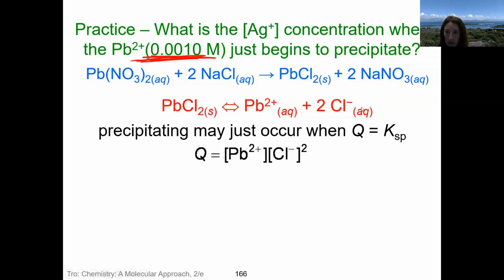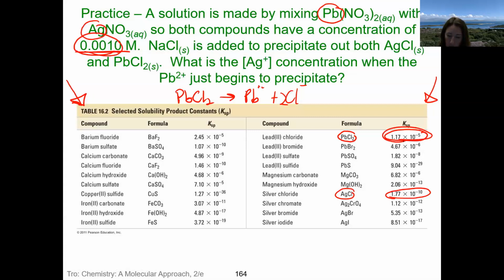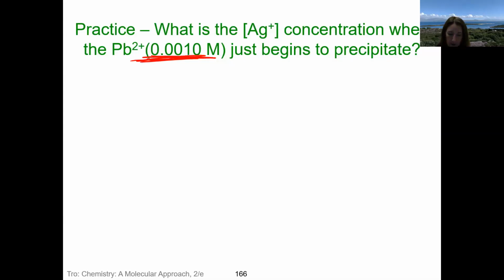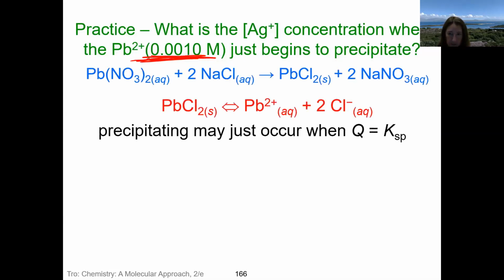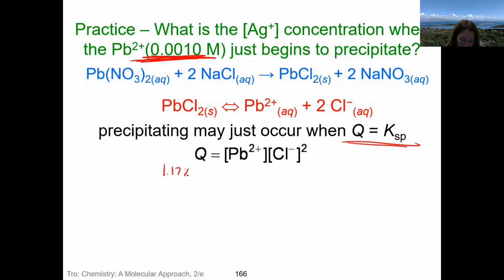I don't have Q on here. Q is 1.17 times 10 to the negative 5th, which is K. Well, K is 1.17 times 10 to the negative 5th. And lead is 0.001 molar.